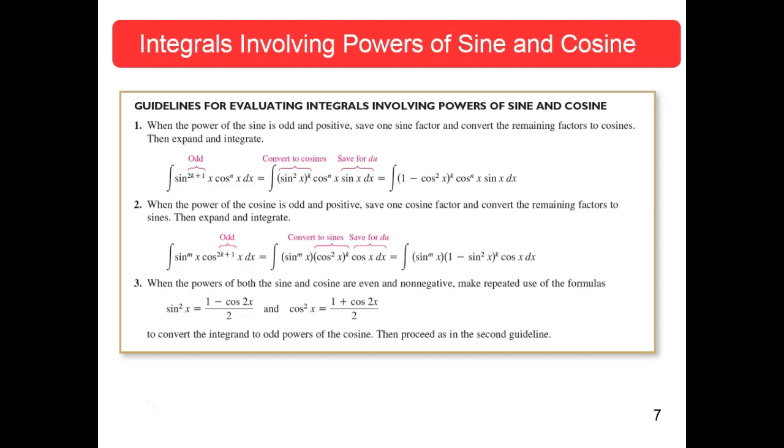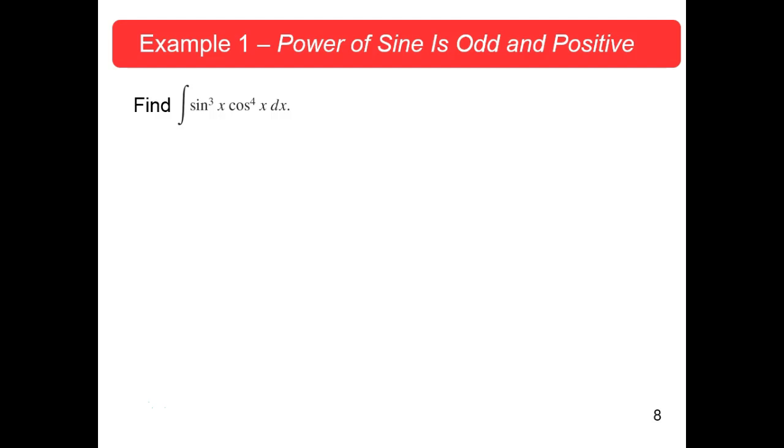Every sine squared, reduce it, and every cosine squared, reduce it. Soon you'll have everything in terms of cosine 2x, and convert the integrand to odd powers of the cosine, then proceed as we have here. Okay? So, kind of a blah, blah, blah, but let's put it into practice and see what works.